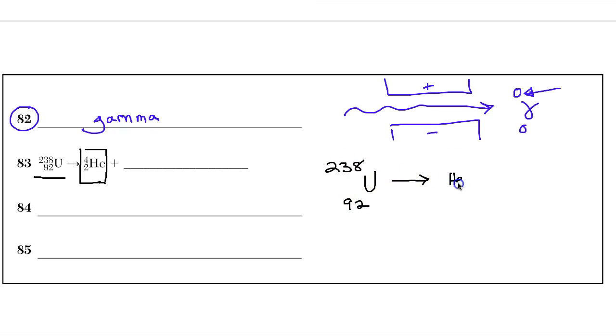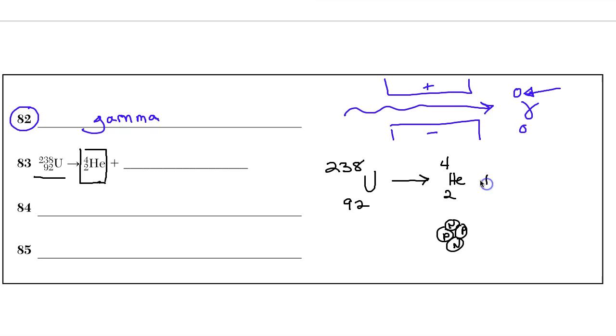That's why they put He here, 4/2, and this is called an alpha particle with two protons and two neutrons. And if you didn't know that this is an alpha particle, table O would tell you that.